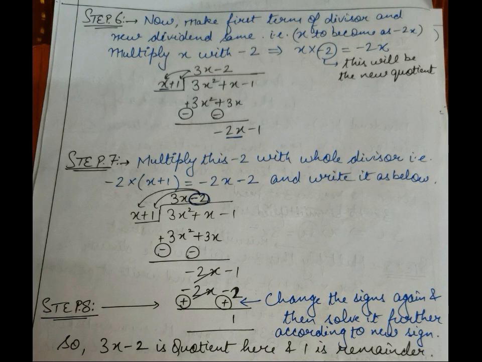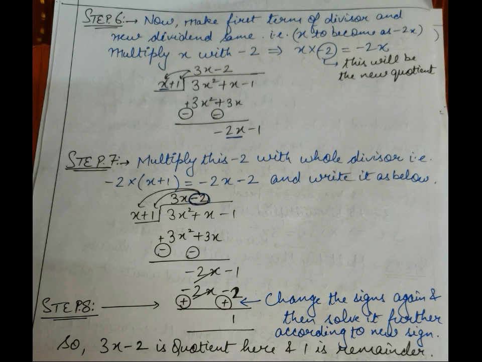That is, x needs to become minus 2x, as x is the first term of the divisor and minus 2x is the first term of the dividend. For this, we multiply x with minus 2 and get minus 2x. So minus 2 will act as the new quotient here.